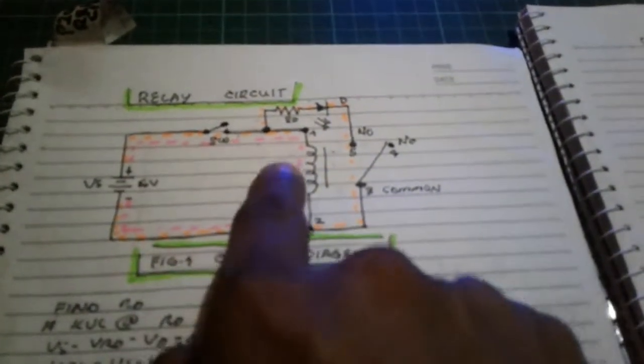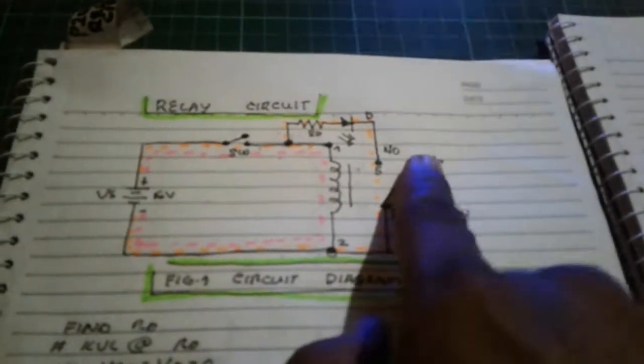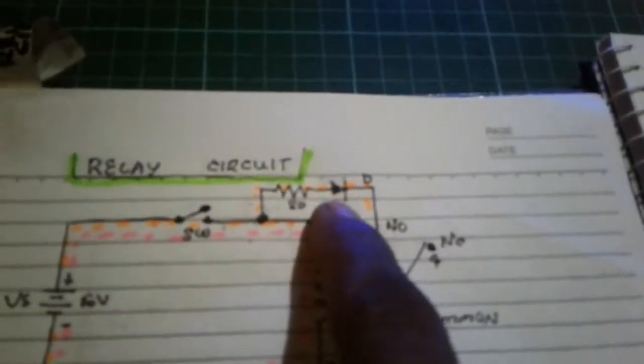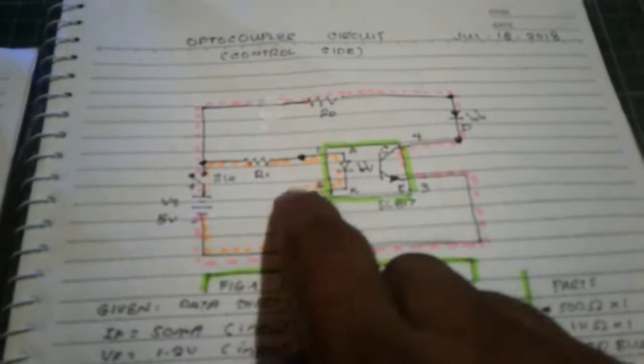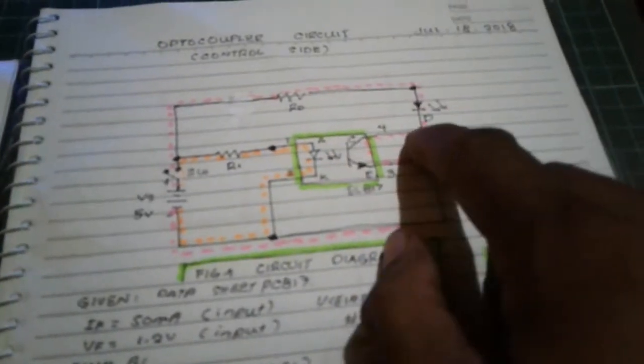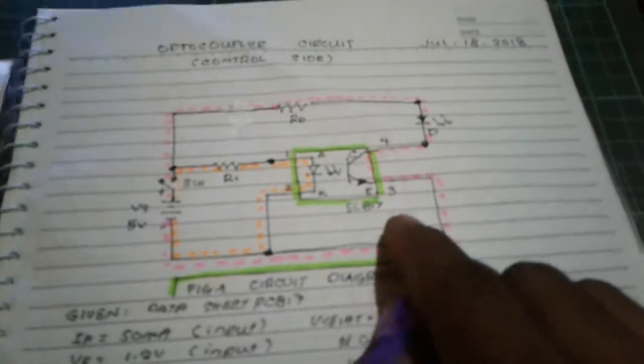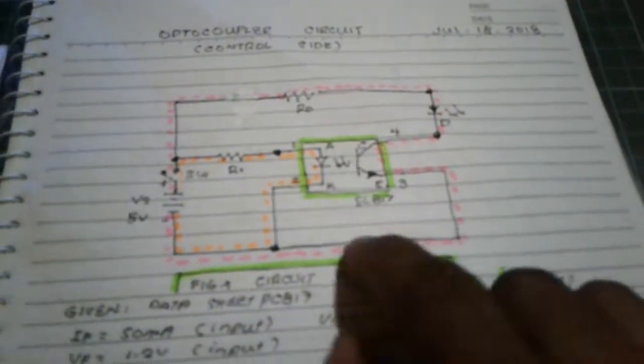When the current flows into the coil, the contact moves here, making a closed circuit, conducting the LED, making the LED turn on. Just like here, when the current moves here, it will turn on the transistor. At the same time, it will close the circuit, conducting the transistor and activating it, and we have a closed circuit.